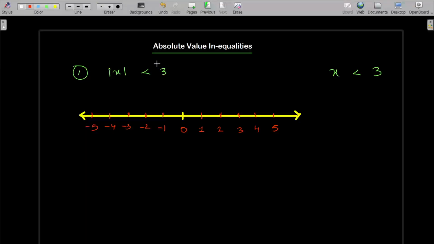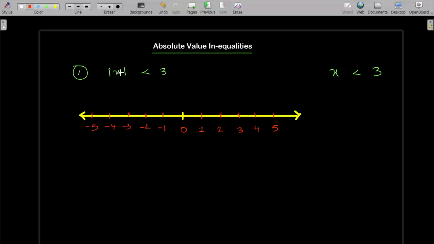So Anishka, just go back to the geometric meaning of absolute values. Absolute value was the distance of a point from 0, right? Like how far is it from zero? Yes, exactly.